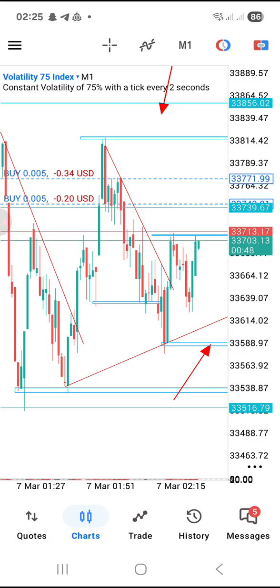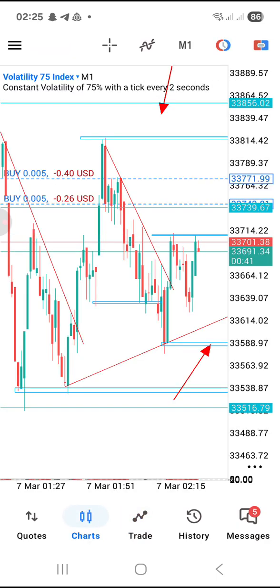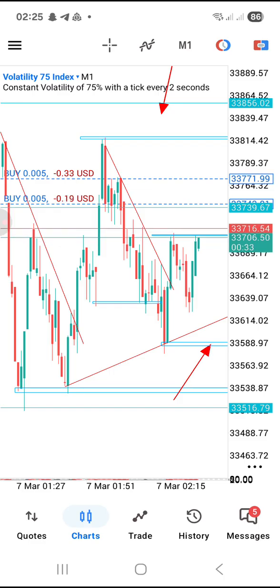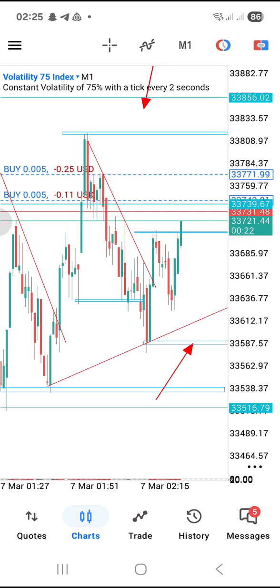The number one thing is risk management. Remember, we had just 3.65, a very small fund, and I told you we shouldn't take too many entries. If we had taken more entries than these two positions, the drawdown would have wiped our accounts. Because we are trading with so little fund, we can't afford to risk everything.